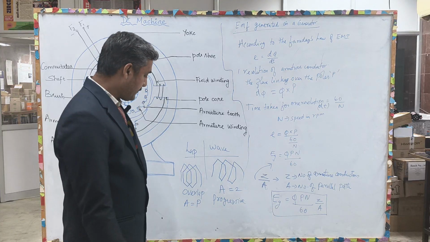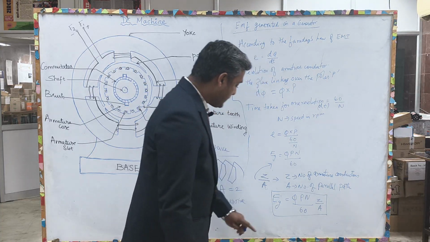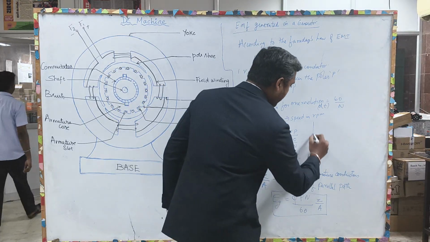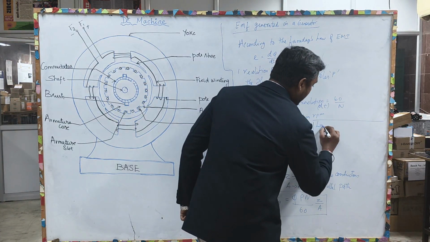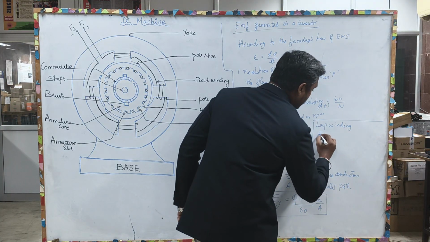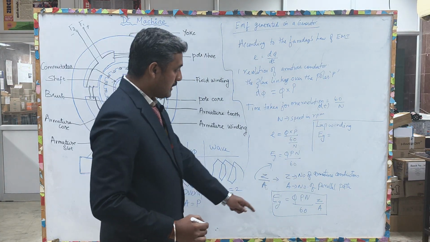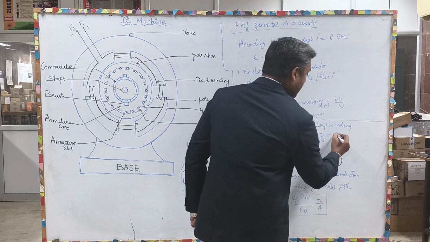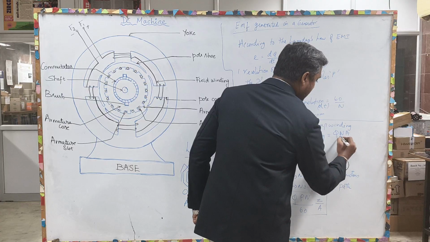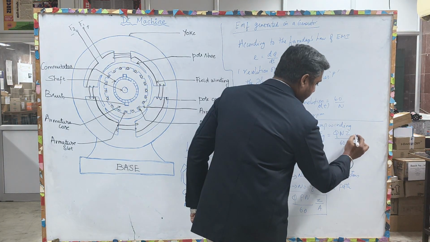If you substitute for Eg in lap winding, A is equal to P. This P and P get cancelled, so Eg will be equal to phi N Z divided by 60.